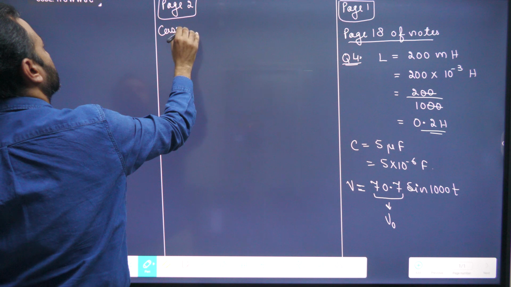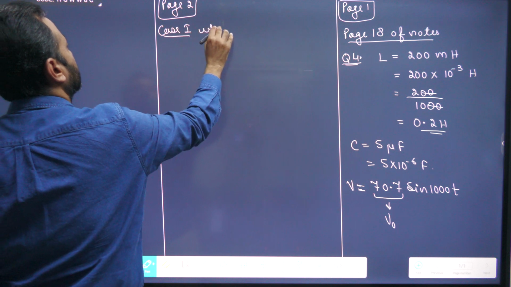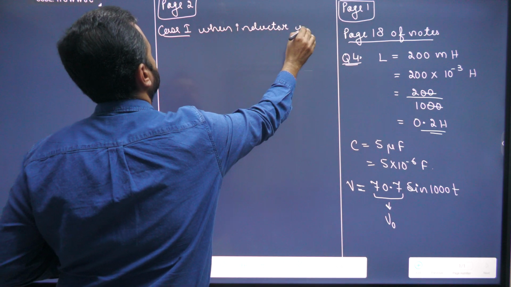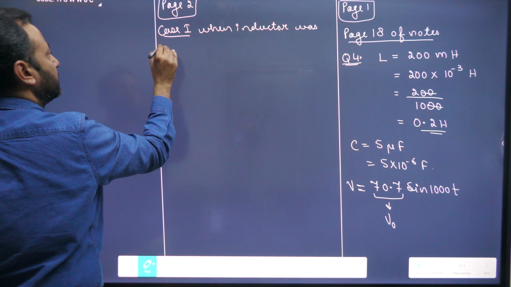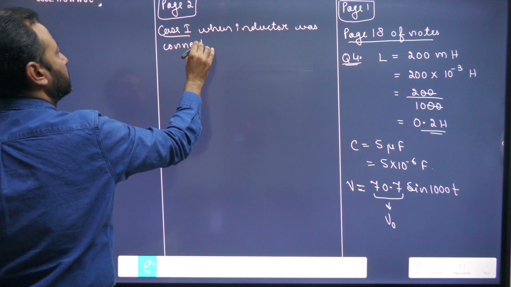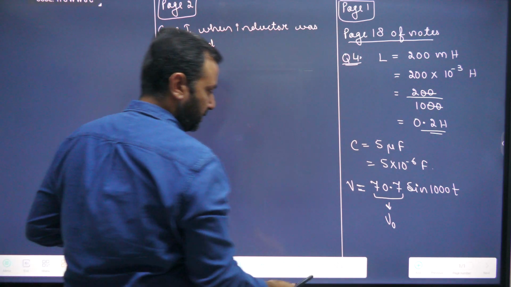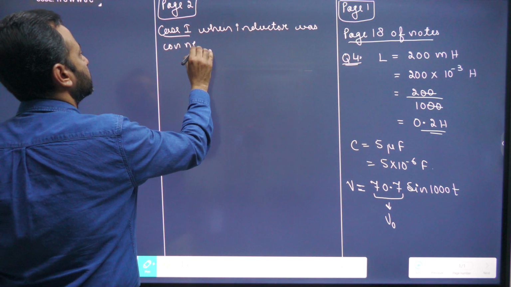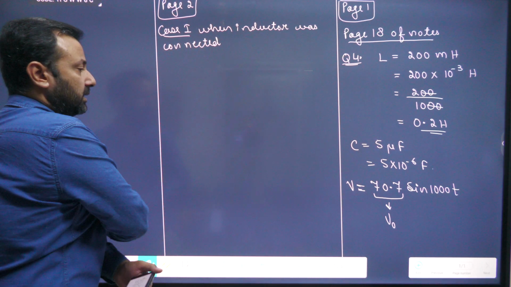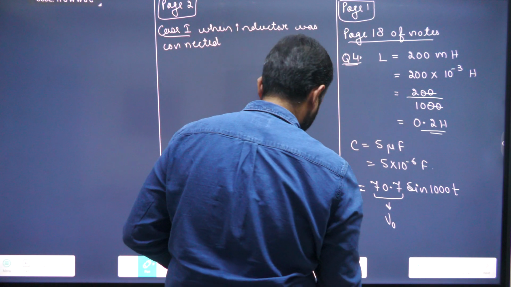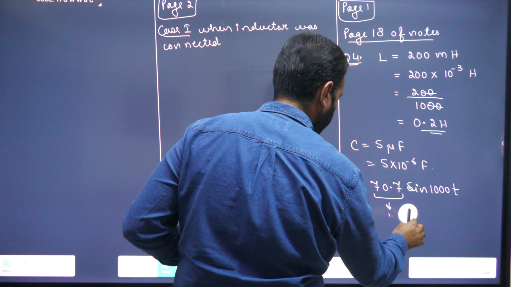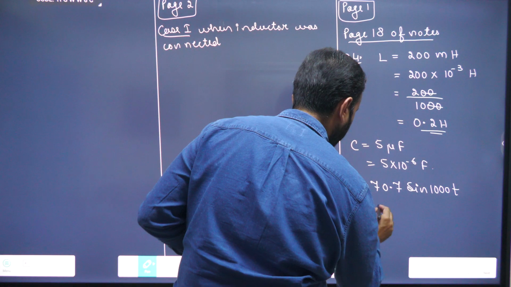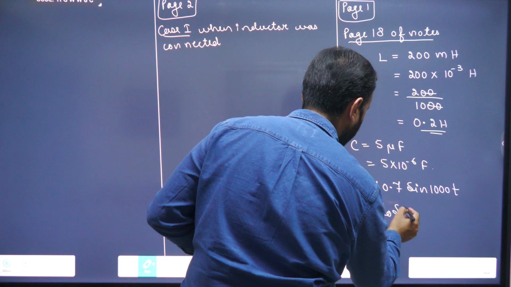Now, case first. When the inductor was connected, it is given like this, so we can write it like this also: E is equal to E naught sine omega t.